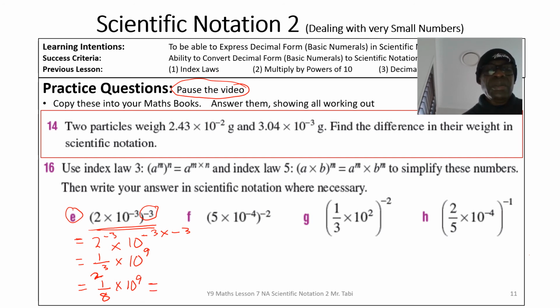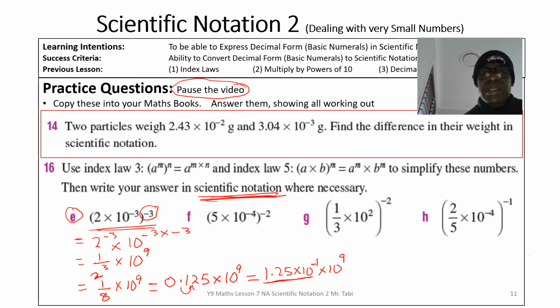Now this is equal to 1 over 8, which is 0.125, multiplied by 10 to the power of 9. Remember, we have to write these things in scientific notation where necessary. So this will be equal to, I move the decimal point one place, 1.25 times 10 to the power minus 1 times 10 to the positive 9.